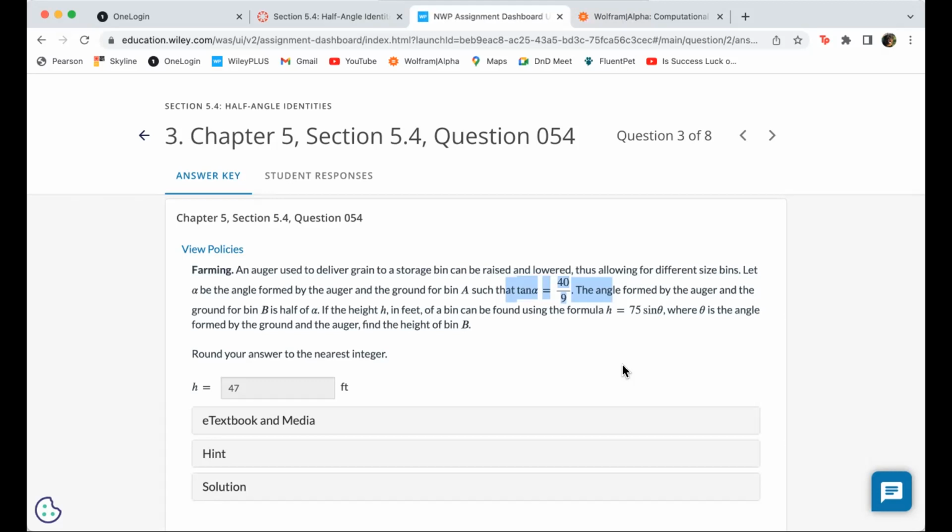And we want to find the height of bin B. The height of bin B is h, and that's 75 sine of theta. We know that theta is alpha/2. So what we want to find is 75 times the sine of alpha/2.